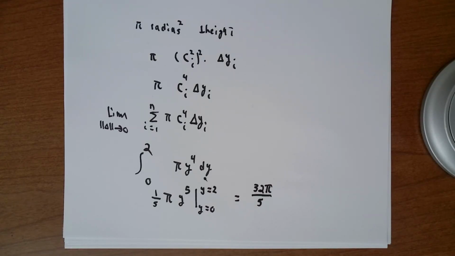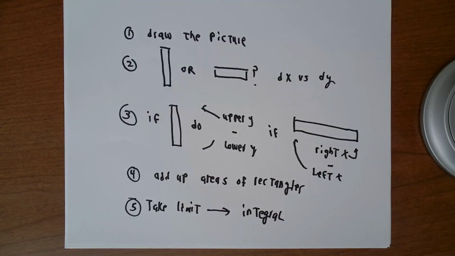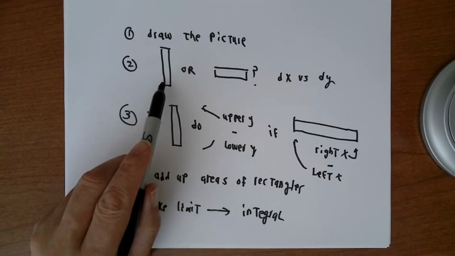So to summarize the situation, you're going to have some region in the plane and you're going to revolve it around some straight line, maybe the x-axis or a line parallel to the x-axis, maybe the y-axis or a line parallel to it. In any case, draw the picture of the region, draw in the axis of rotation, and figure out whether or not it's going to be vertical strips that generate your disks or horizontal ones.